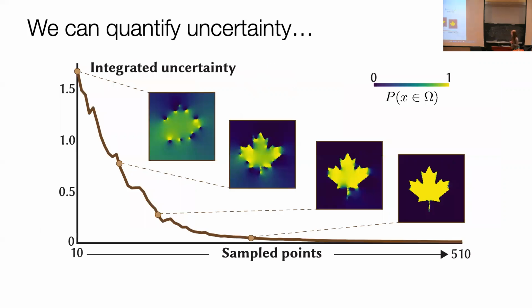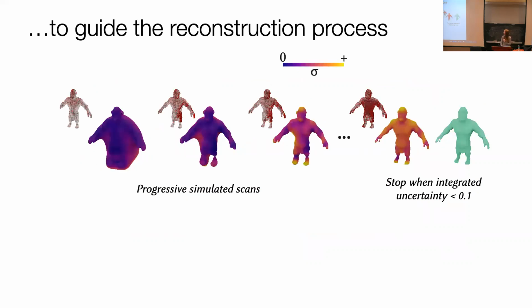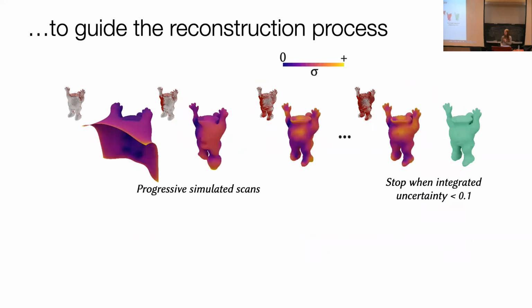And this is a quantity that measures the quality of the reconstruction and goes down as we add more points. The cool thing about this quantity is that it's agnostic to what the actual surface that you're reconstructing is. So we can use it as a stopping criterion. For example, we can threshold it for different scanning procedures from different randomly sampled positions. And if we use the same threshold, we get similar quality reconstructions because it measures reconstruction quality.